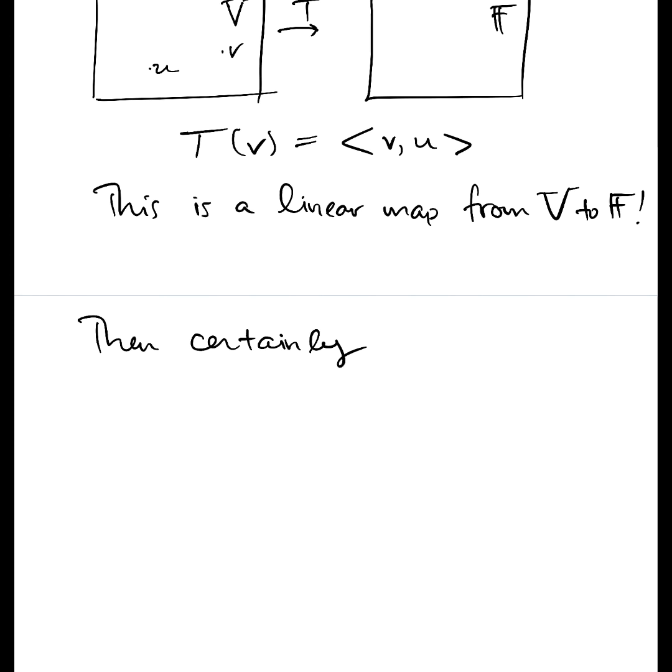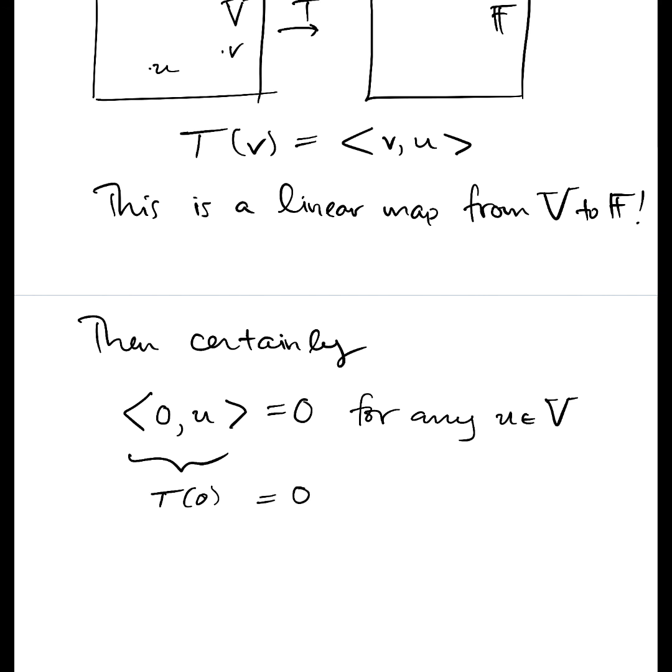Then certainly 0, comma U comes out to 0 for any U in our vector space. That statement looks like T of 0 is equal to 0. And we know that's true for linear maps. So any linear map sends 0 to 0.